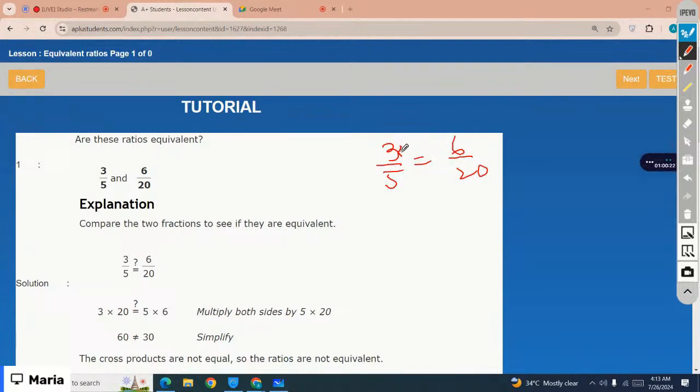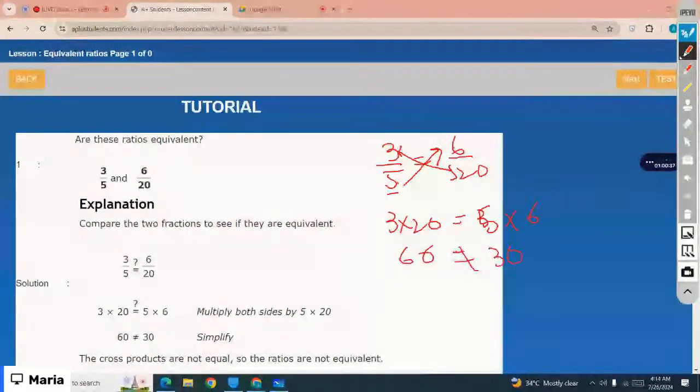Multiply the numerator of this fraction by the denominator of this fraction: 3 times 20. Multiply the denominator of this fraction by the numerator of this fraction: 5 times 6. They are not equal, so they are not equivalent ratios, right?